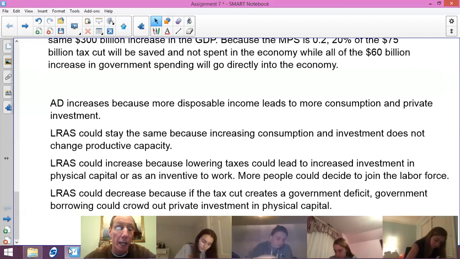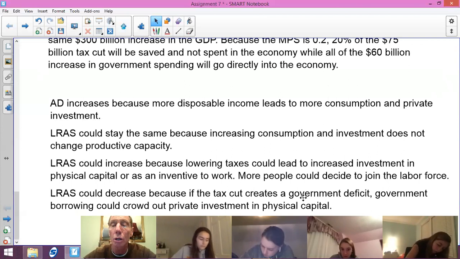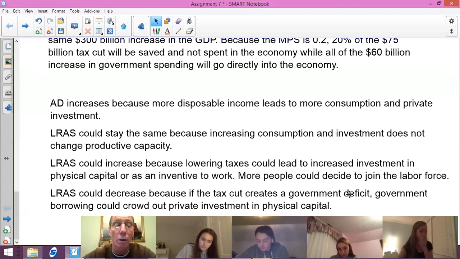And you could also say, and it would be correct, that if the government had to borrow money in order to make up for the cut in the taxes, if the tax cut creates a budget deficit, the government's going to have to borrow money in order to function, and that could crowd out private investment, and that could actually lower the potential GDP.